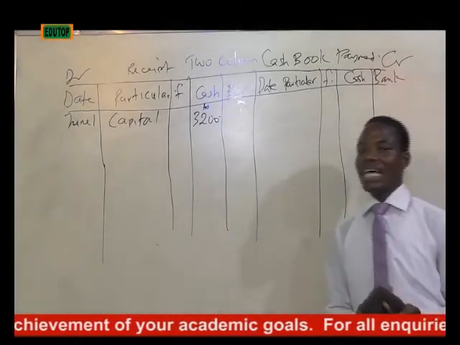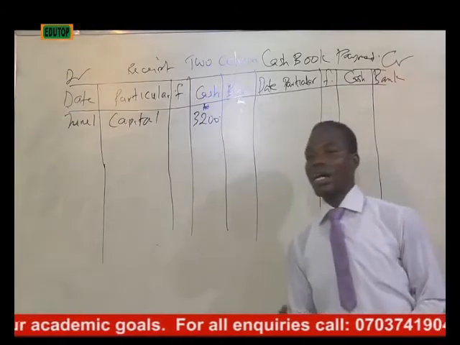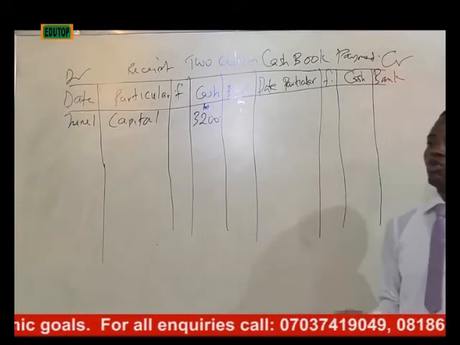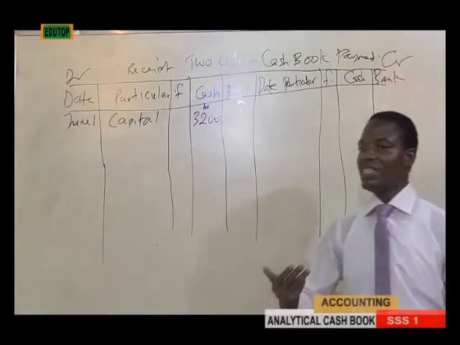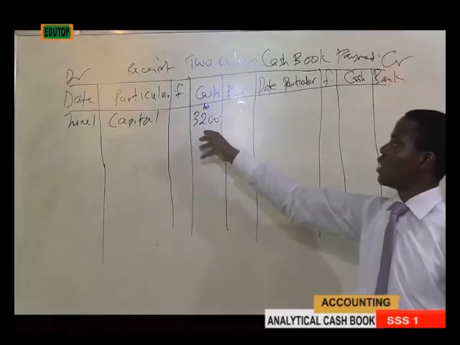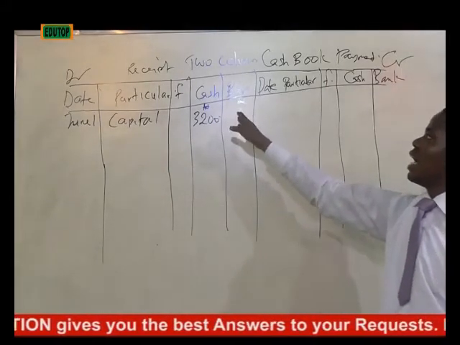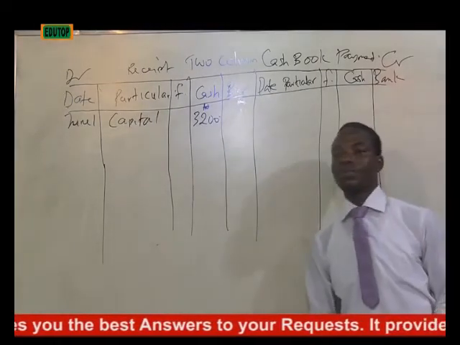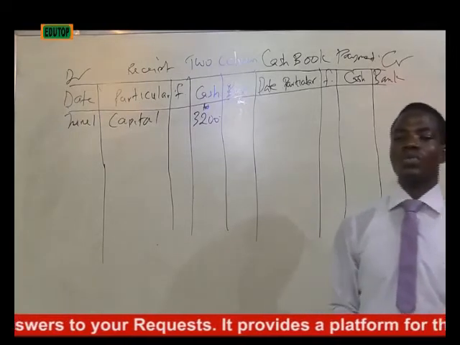When you see the question says start a business, you should know that it is capital. And capital is the money that is used to start a business. So the business is receiving cash of 3,200. Assuming it is bank, it is through cheque, you put it under the bank column.